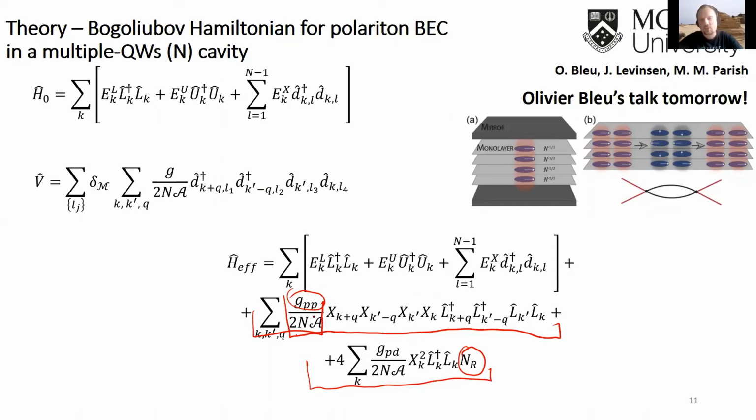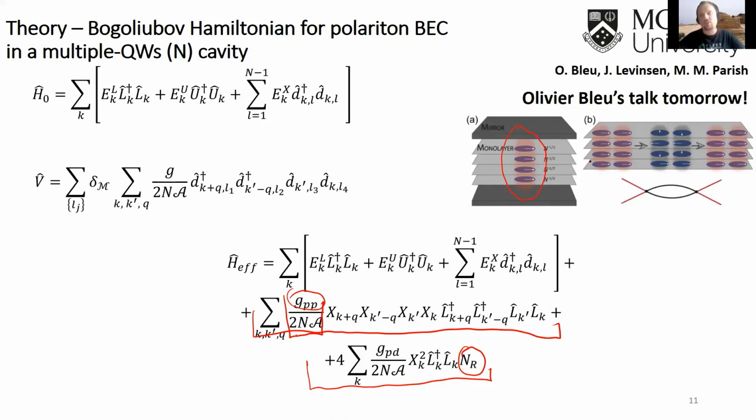But what is essential for this description is that if we have only one quantum well, only this exciton always couples to light. So this is the bright exciton coupling to light forming polaritons. But if you have many quantum wells, only one configuration of them is coupled, in phase, as sketched on this scheme.